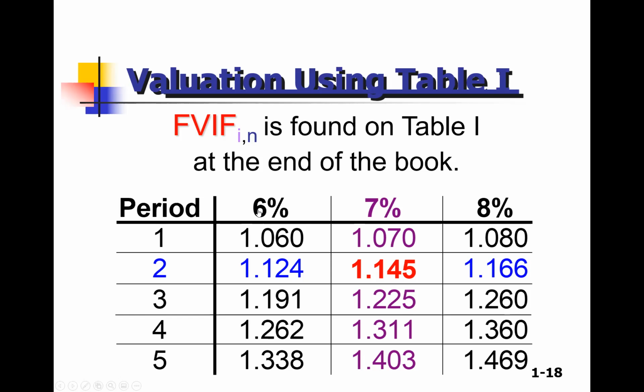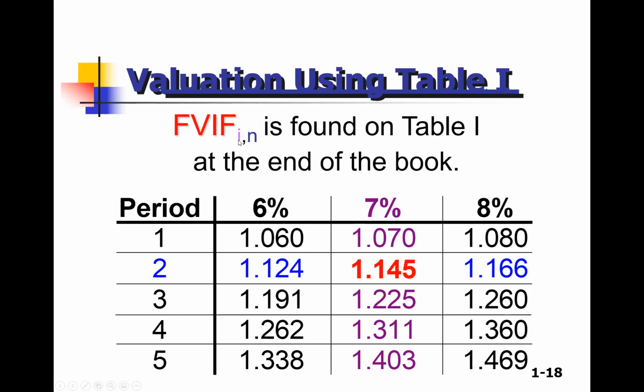We can start from 1%, and we can go to 50% or 100%. How will we calculate the values? What was the future value interest factor? It was 1 plus I raised to power n, and if we write it in this form, it is FVIF I, n. I represents interest, n represents time period.